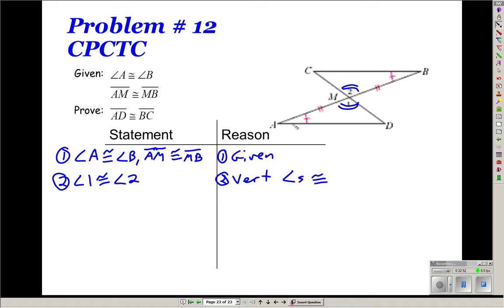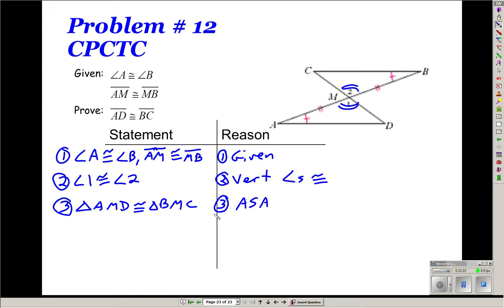Now I have angle, side, angle in each triangle. So I can say that the triangles are congruent. The bottom triangle is triangle AMD, and in the top triangle, A matches B, M matches M, D matches C. Those are congruent because angle, side, angle. I have ASA.